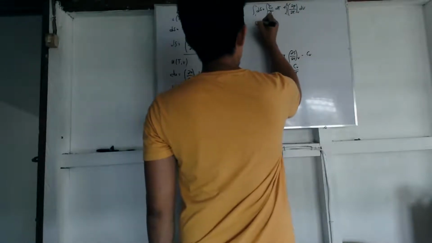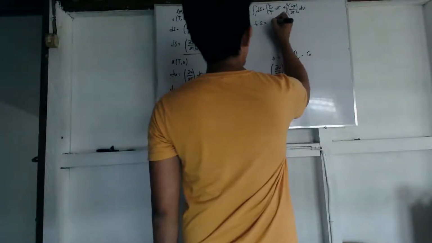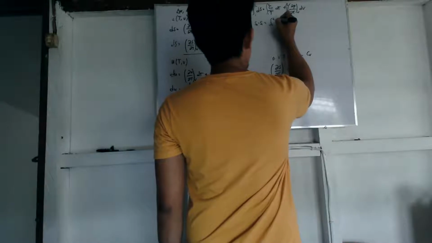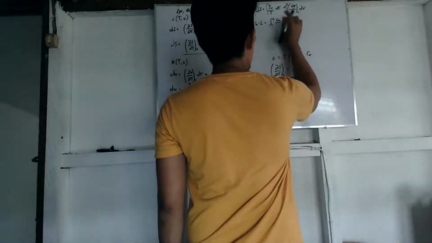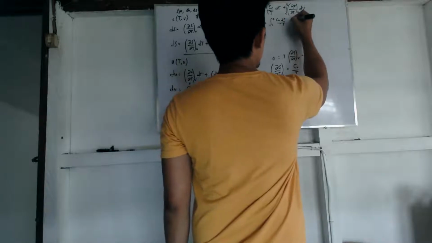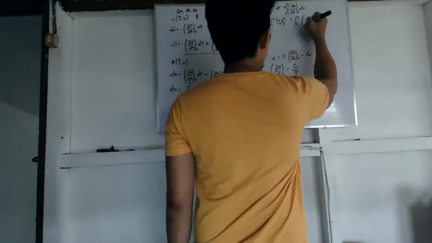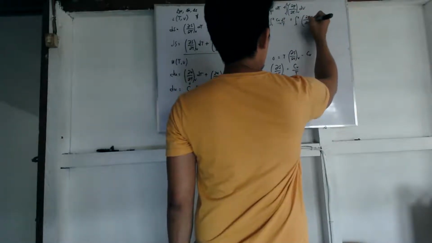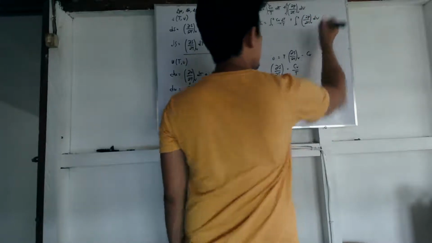You have S2 minus S1 is equal to the integral from 1 to 2 of Cv dT over T.